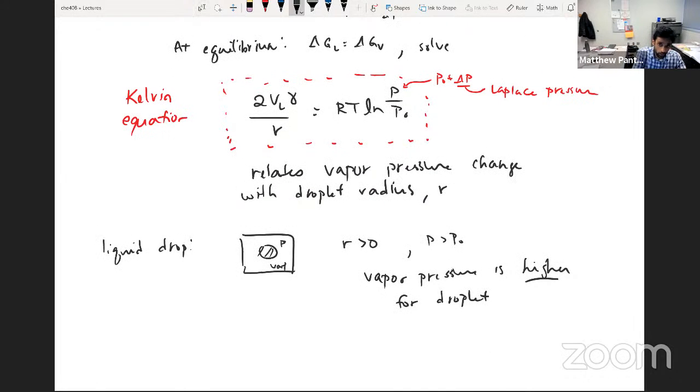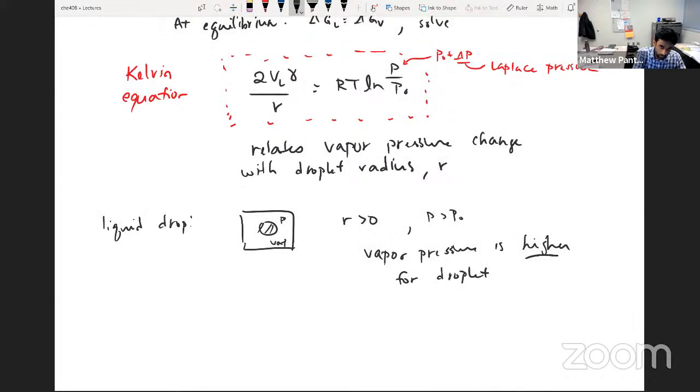The other thing that we can consider here is what about for a bubble in a liquid? In this case, we have a vapor bubble and the surrounding medium is liquid. The way that we treat this is that this is a droplet with a negative radius.